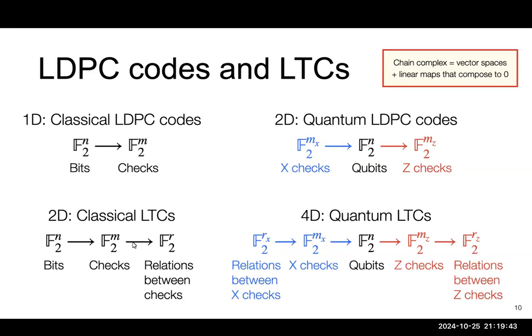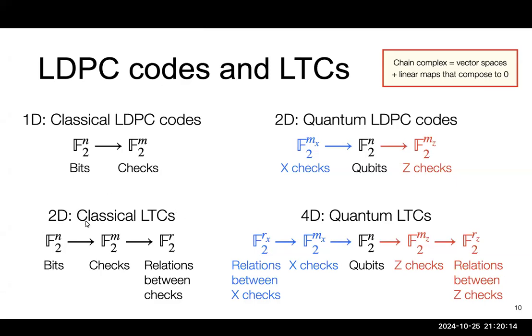Here are some other codes that are all closely related to this question of quantum locally testable codes. In fact, the simplest version is the well-known Tanner codes. The classical Tanner code is a sort of expander code built on bits and checks, so you have a linear map between your bits and checks. As we described for quantum codes, now you have X checks and Z checks, and they compose to zero.